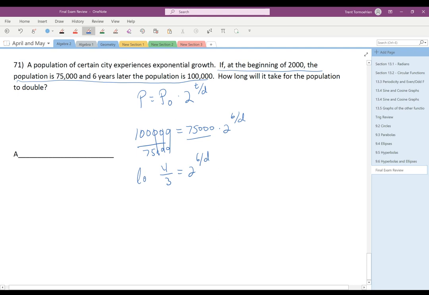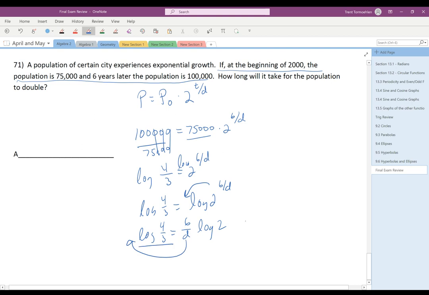So I take the log of both sides, and that gives me log of 4/3 equals log of 2 to the 6 over D. Remember, that exponent can go out front, so we get log of 4/3 equals 6 over D times log of 2. Bring the D over here, divide by the log of 4/3, and D is going to equal 6 log of 2 all over log of 4/3.